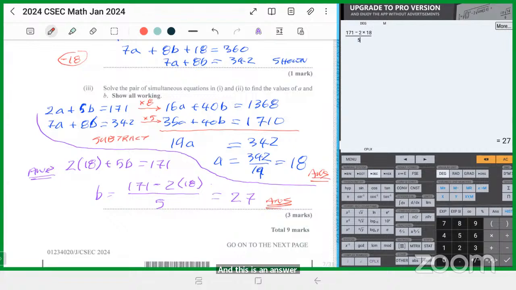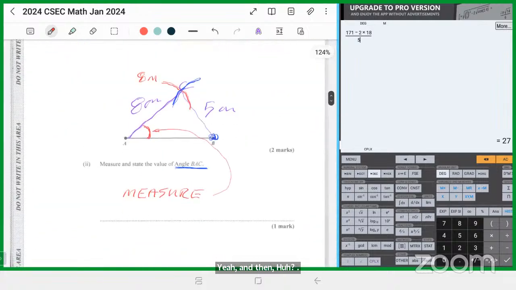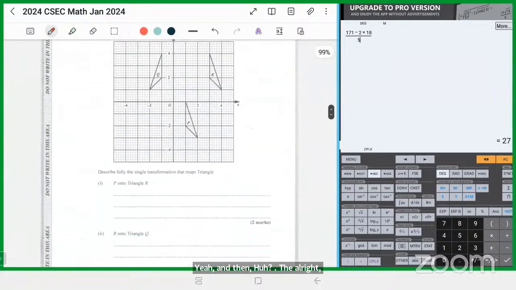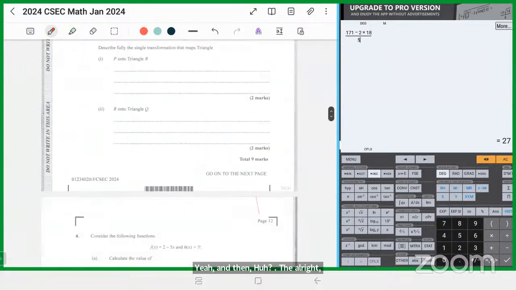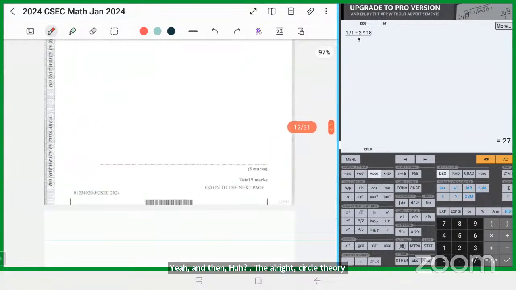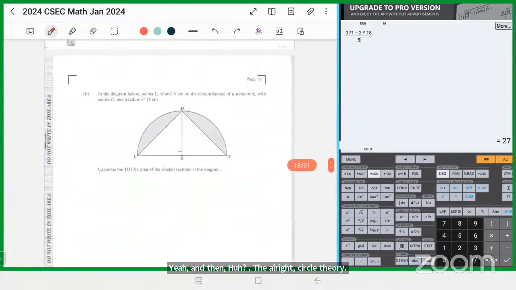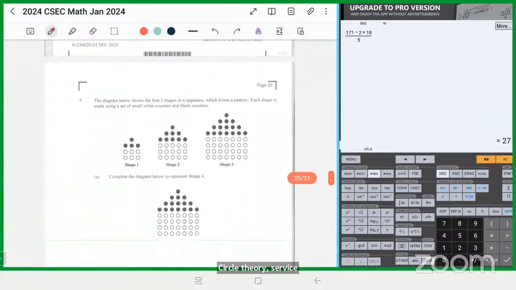That is it. Somebody is asking for the circuit theory on this paper. The whole paper, you don't want me to do? All right, circuit theory. No, you're skipping too far.